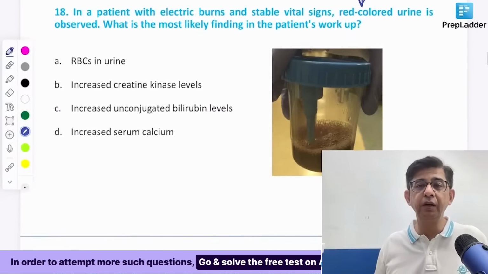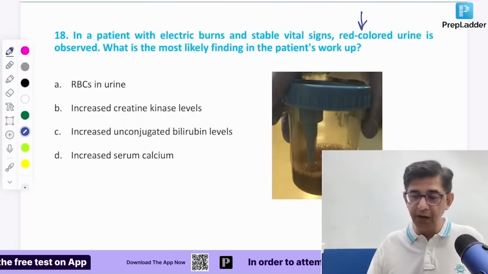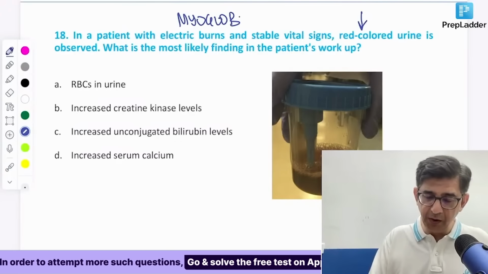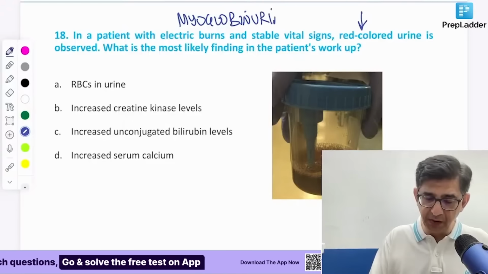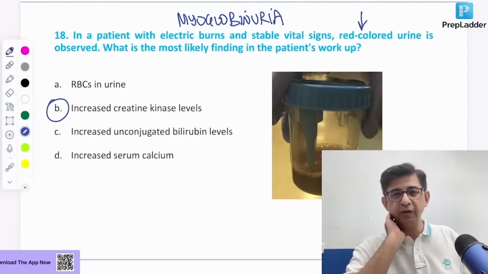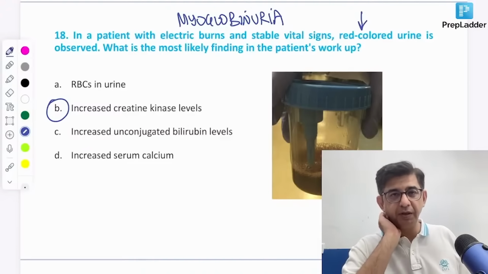Here, because red color urine is given, it's going to be myoglobinuria. The moment I say myoglobinuria, skeletal muscle in the patient will be affected, and because the skeletal muscle will be destroyed, there would be increased CK-MM levels. Creatine phosphokinase MM levels, coming from the skeletal muscle, would be increased in the patient.